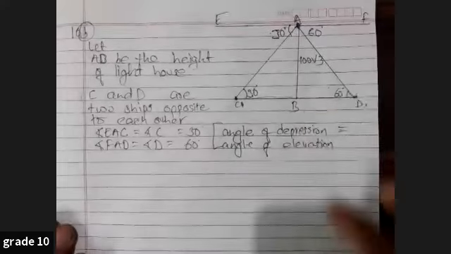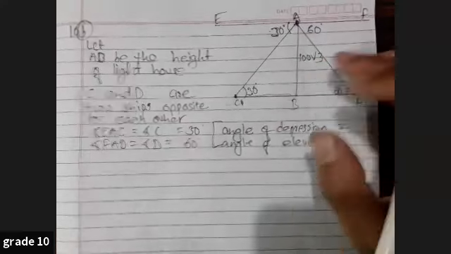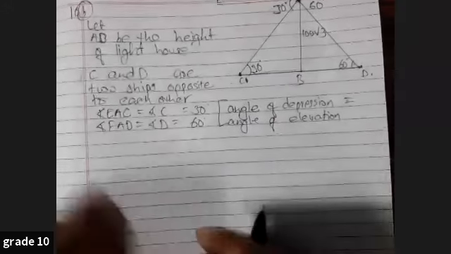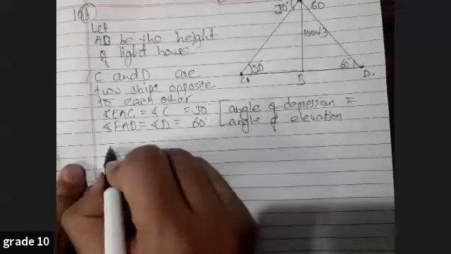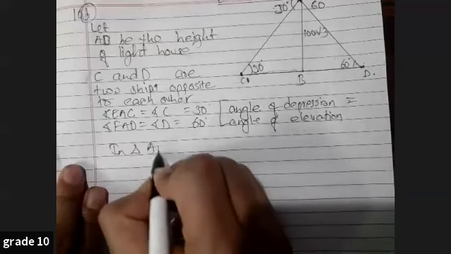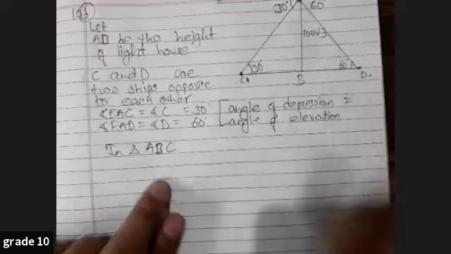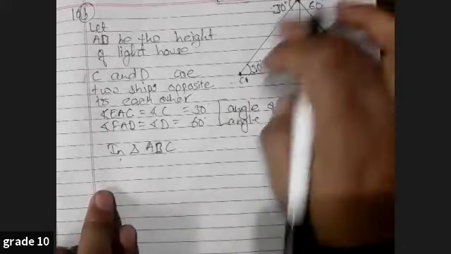Now, not simultaneously, one after another, you have to solve each triangle. In triangle ABC, let's not write the hypotenuse value, it is not required.